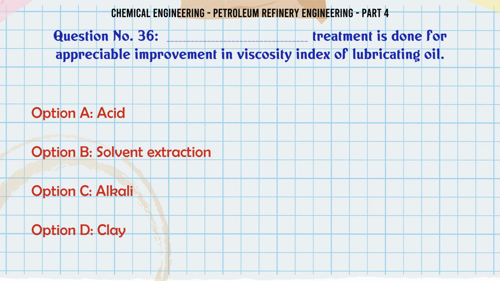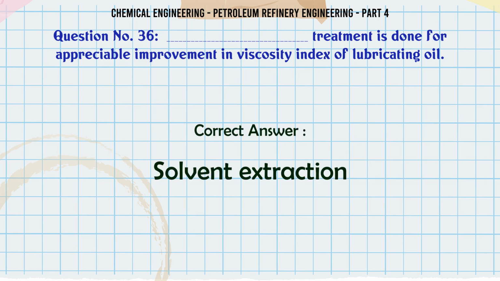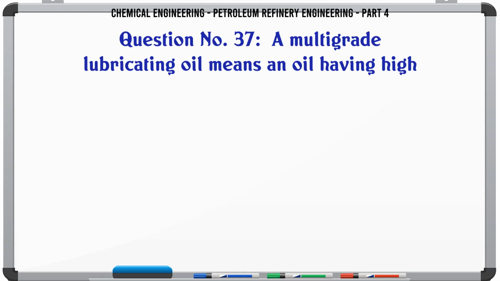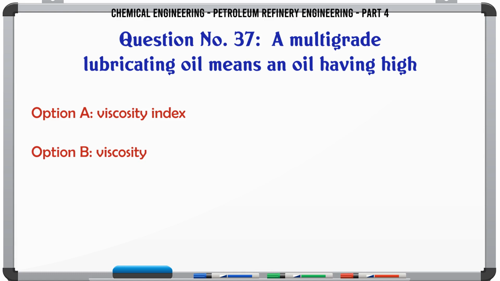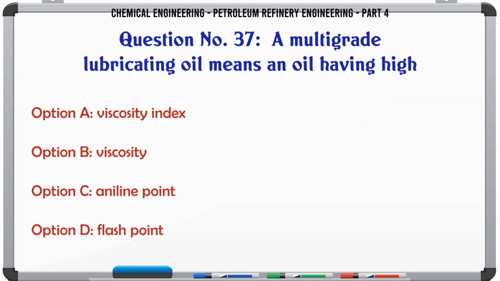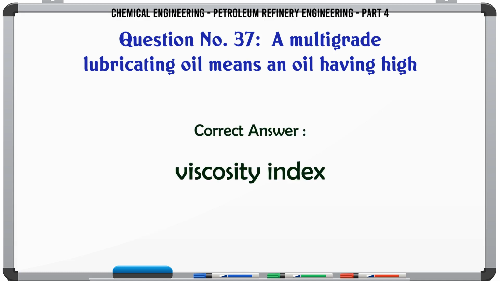C. Alkali. D. Clay. The correct answer is solvent extraction. A multigrade lubricating oil means an oil having high A. viscosity index. B. Viscosity. C. Aniline point. D. Flash point. The correct answer is viscosity index.